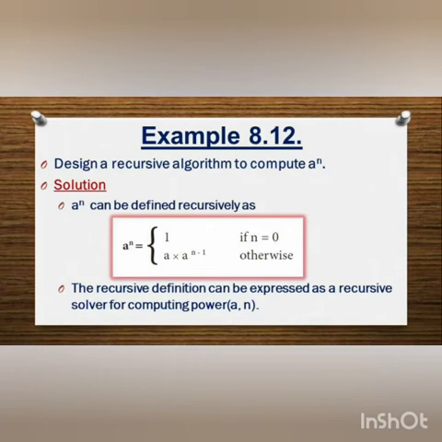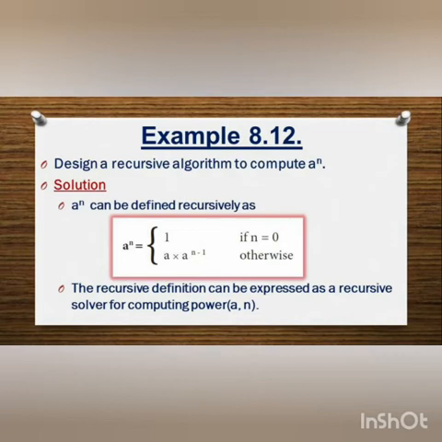For example, n value is 0, which means 2 to the power of 0. Now the result is 1. In case n value is 5, then 2 into 2 to the power of 5 minus 1. Here the a value is 2 and n value is 5. So 2 into 2 to the power of 5 minus 1. Here 5 minus 1 is 4.